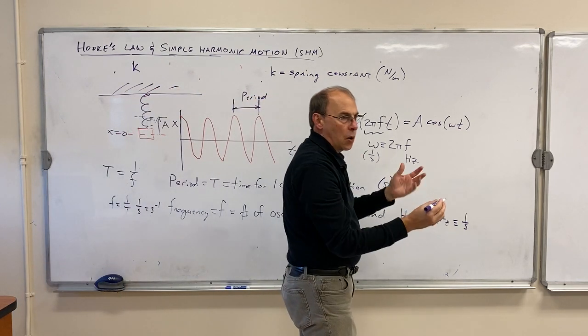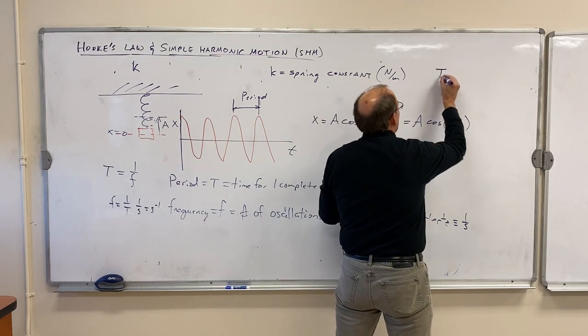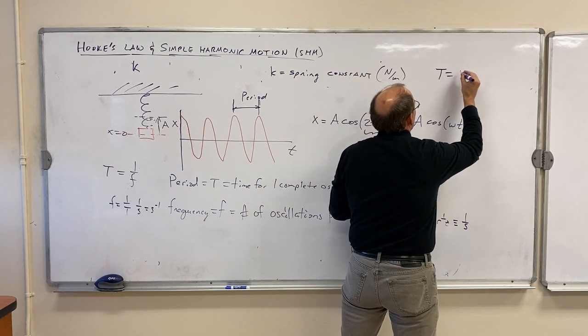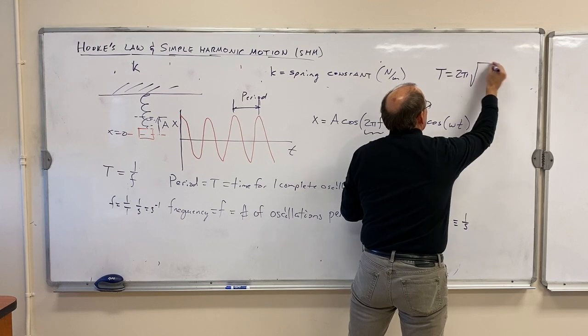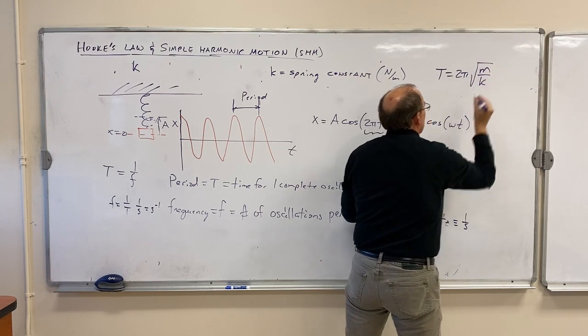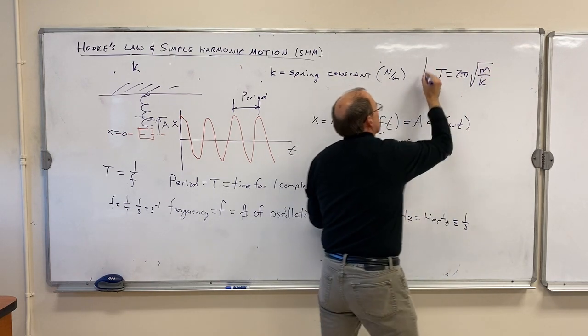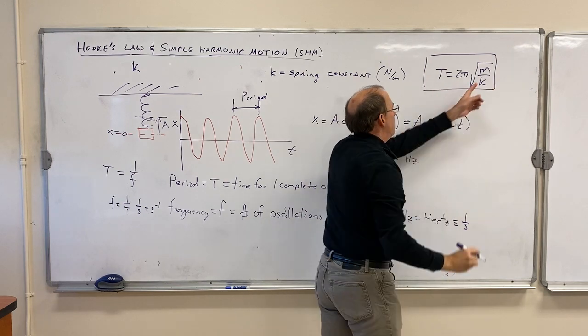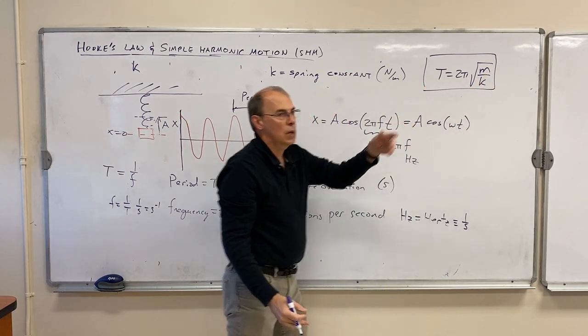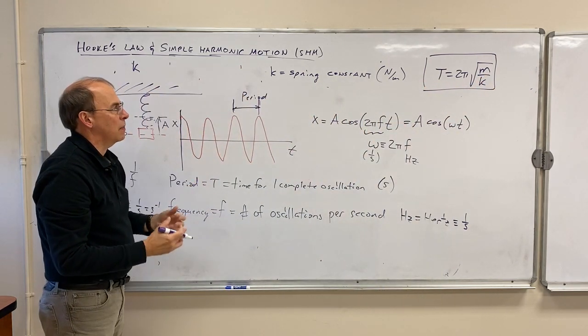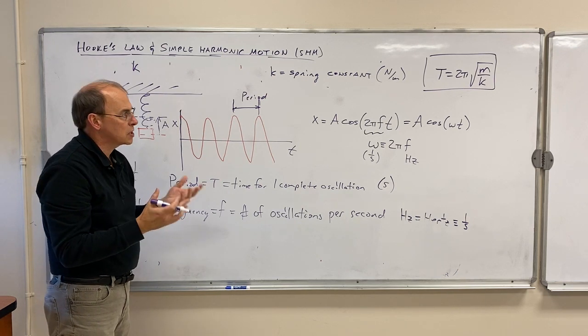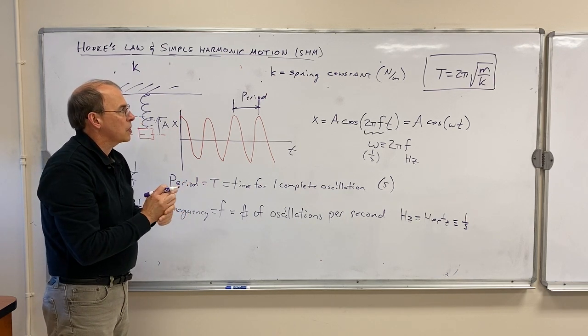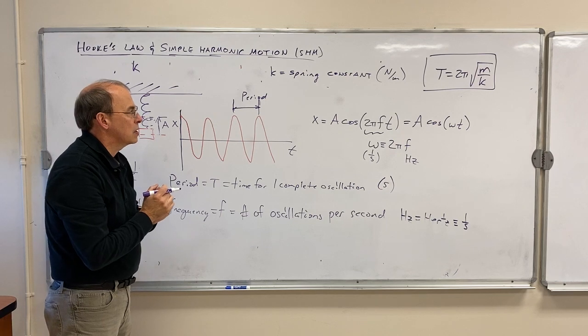Mathematically, this is actually hard to derive, but what you get is that the period turns out to be 2 pi times the square root of m over k. So that captures this idea that bigger mass takes longer, bigger k takes less time, but where the square root comes from is not obvious, and for the moment we'll just have to accept it.